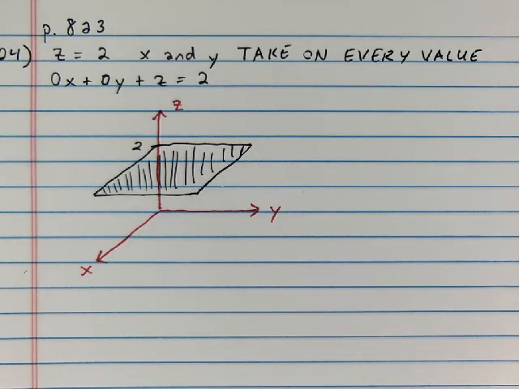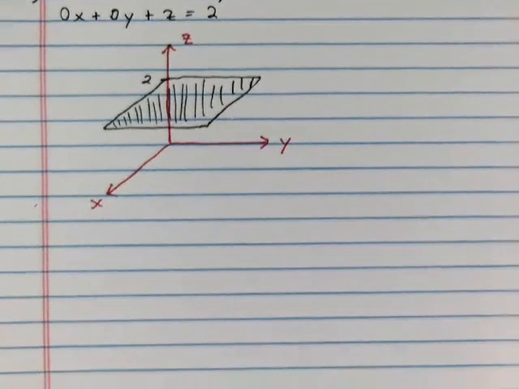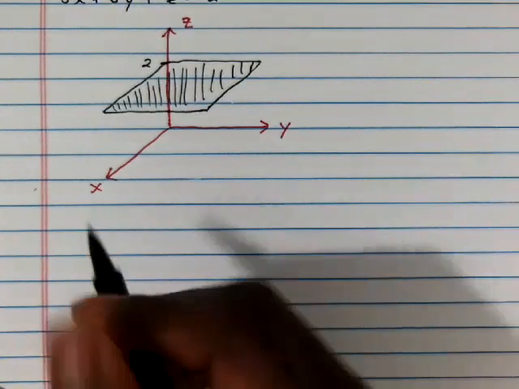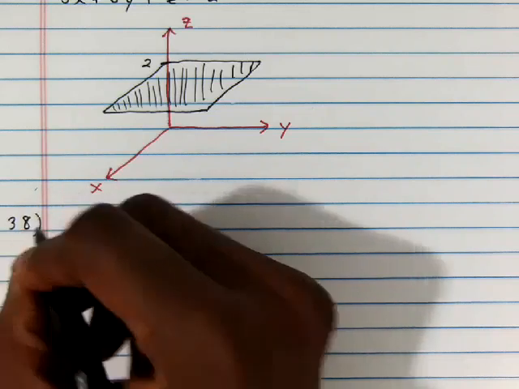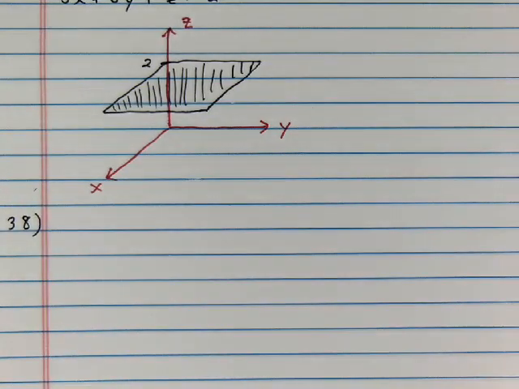All right, so next let's look at number 38. Number 38 says in exercises 38 through 55, sketch the quadric surface.